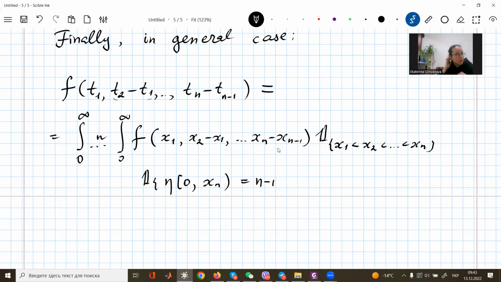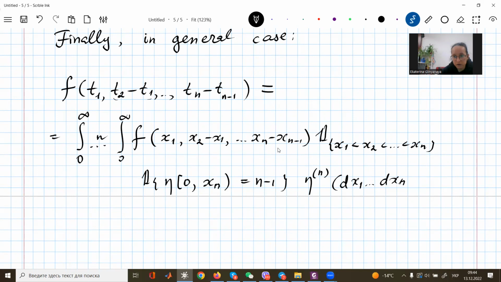So I have exactly n minus 1 points before xn, not including xn. And I just integrate with respect to the factorial power of the point process.